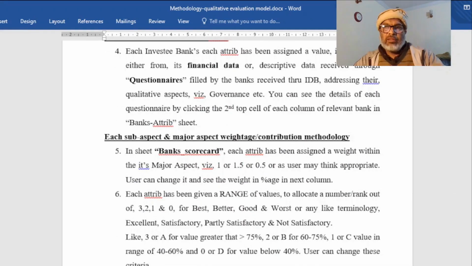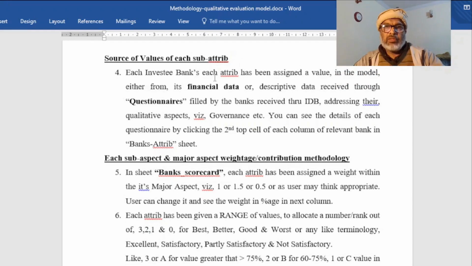And I have also explained the sources of each attribute, how I took the values from their published balance sheets, and I sent them questionnaires to give some more information. I searched the profiles of the bankers and the management to determine the management capability and potential.